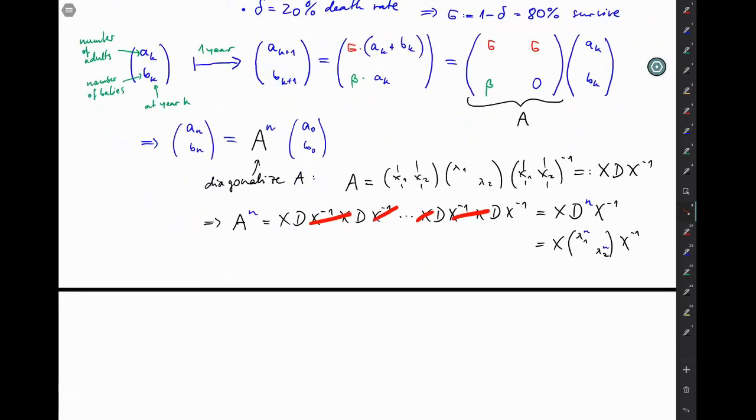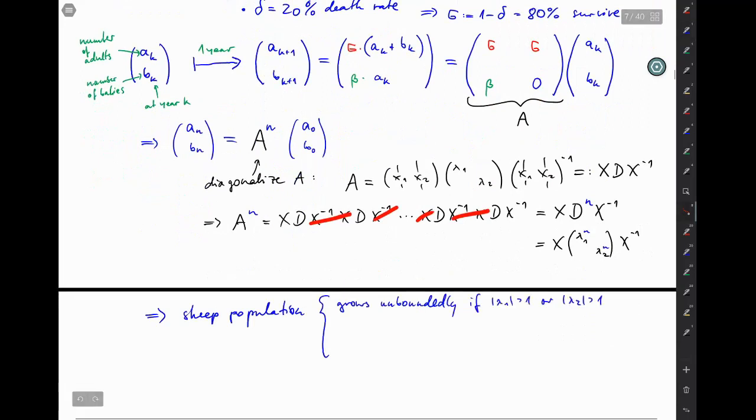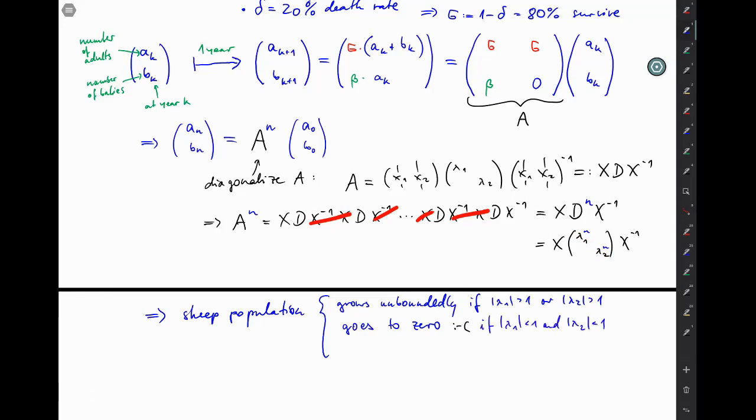Okay, so you see that your sheep population grows unboundedly if one of your eigenvalues has modulus bigger than 1. It goes to 0, poor sheep, if both your eigenvalues have modulus less than 1, and it remains at about the same size if one of the eigenvalues has modulus 1 and the other less than or equal to 1.